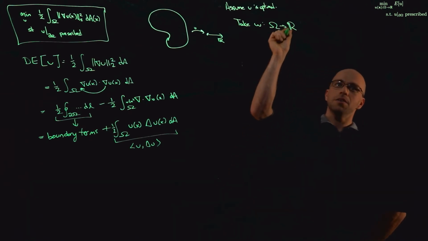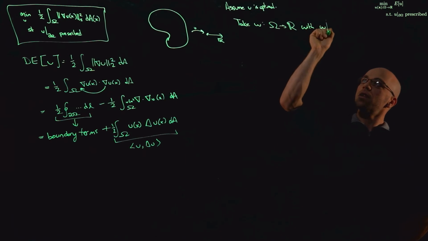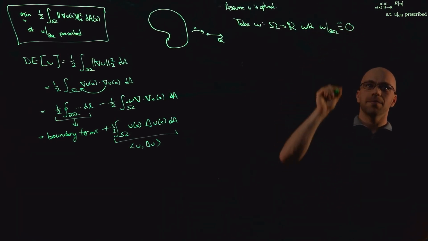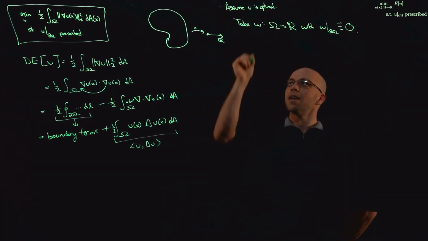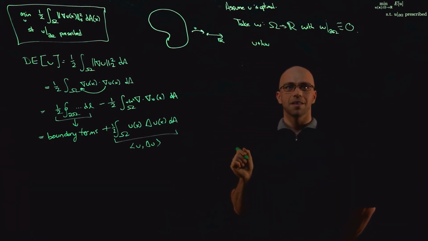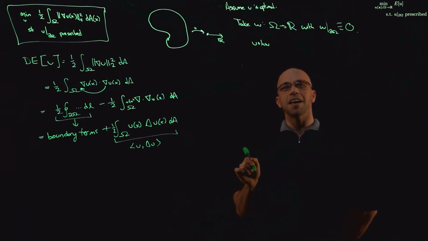So what we're going to do is assume that w restricted to the boundary of our domain is just identically equal to 0. Okay, so that way, what do we know? Well, we know that u plus hw now satisfies our boundary condition for any scalar h, right?